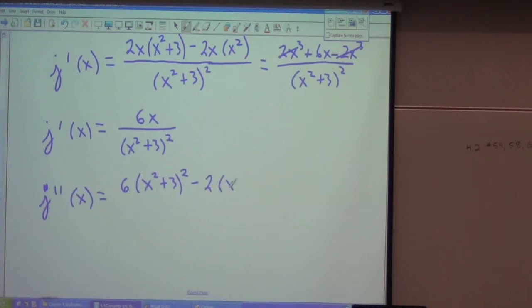So 2 times x squared plus 3 to the first, times the derivative of x squared plus 3, which is 2x, times the numerator, which was 6x. All over x squared plus 3, squared, squared, which would be the 4th.